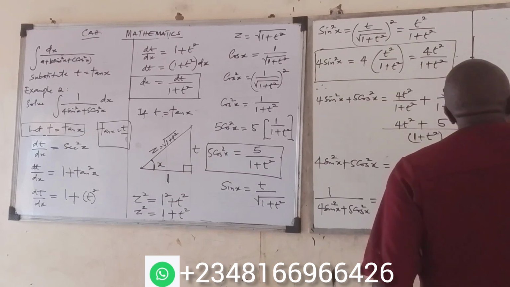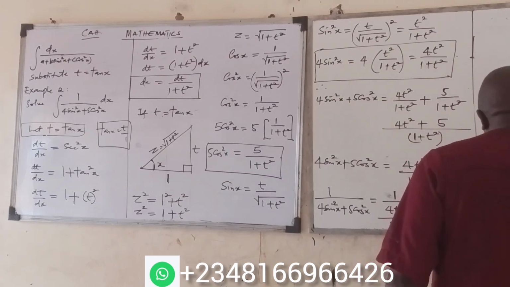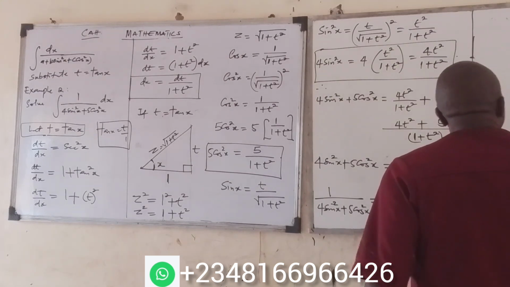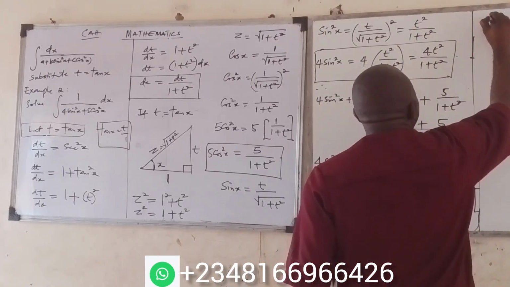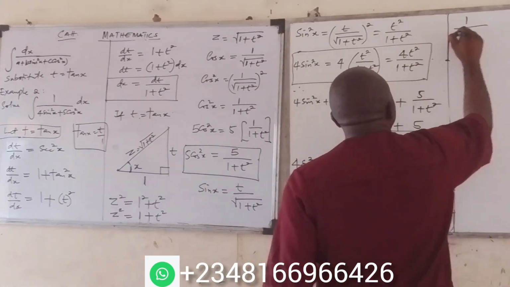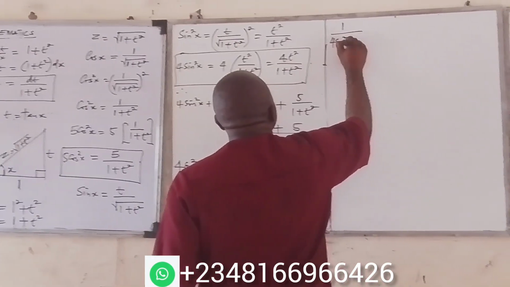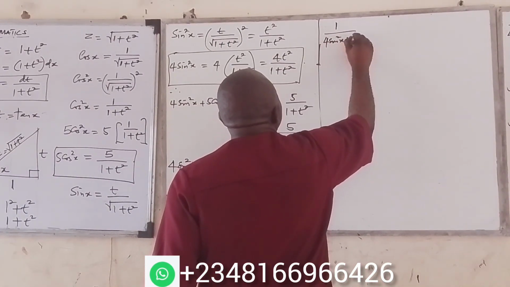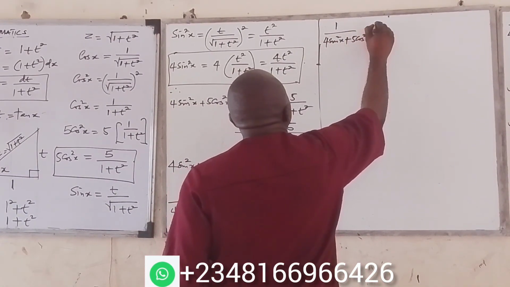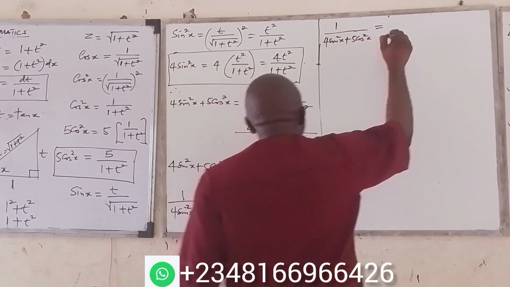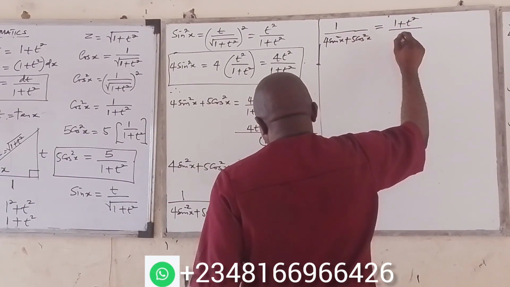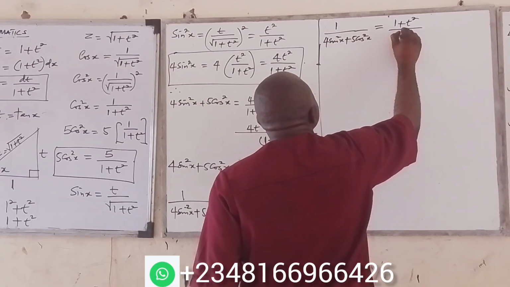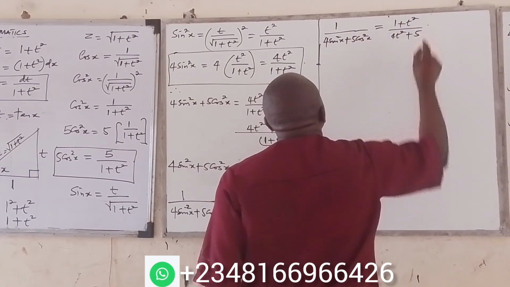All over 1 plus t squared. Now, here we're going to have 1 all over 4 sine square x plus 5 cos square x, which will be equal to 1 plus t square all over 4t square plus 5.